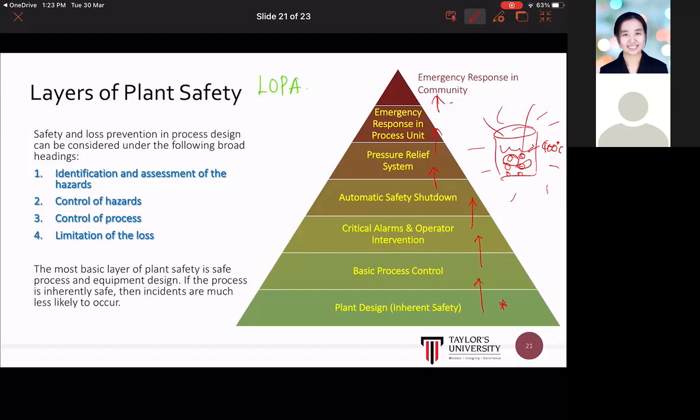So this is where the layers of plant safety need to be in place every time we have a chemical plant or a manufacturing plant. That is why governments will want to have all manufacturing in one place that is far away from residential areas.